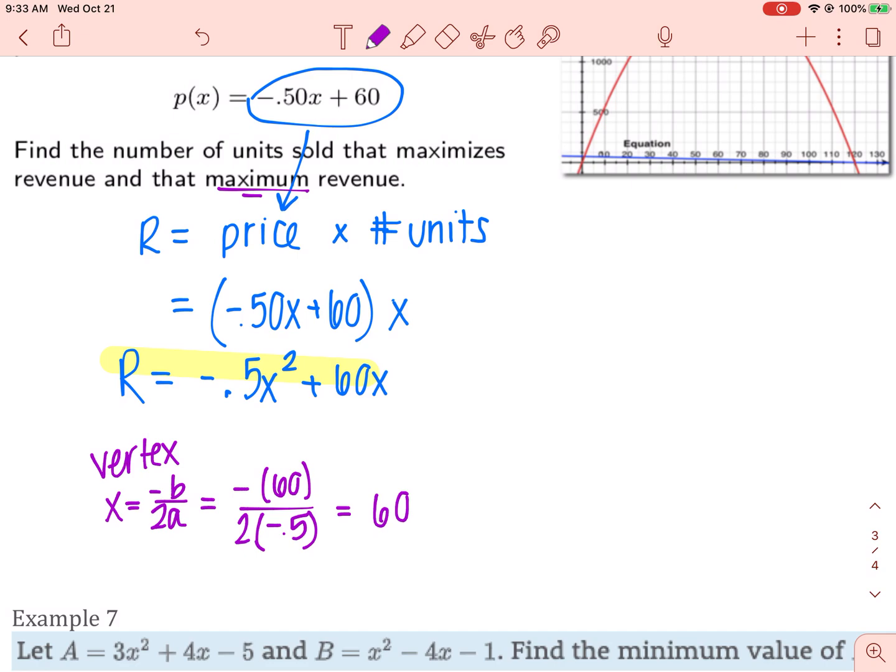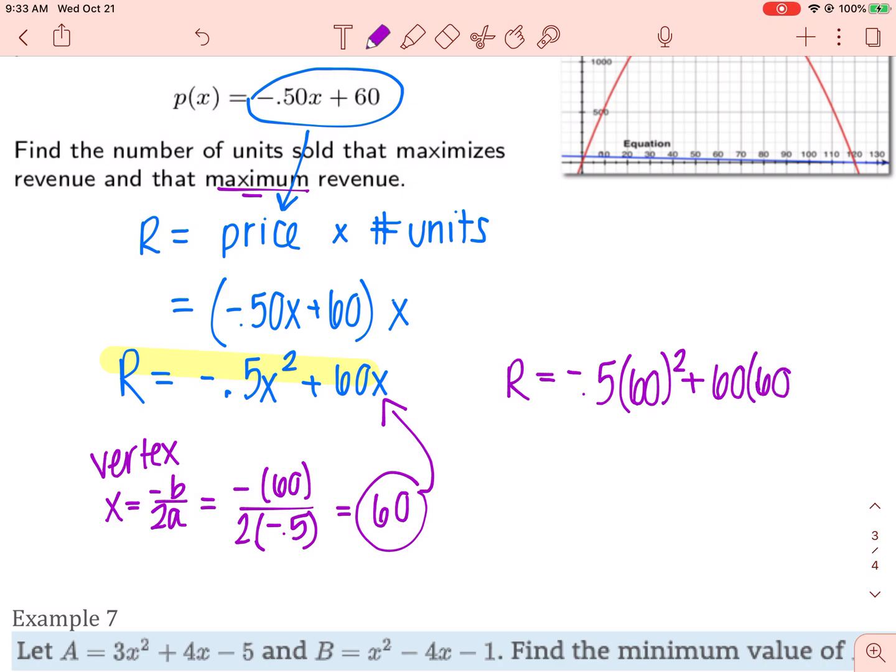It wants the max revenue, and what is that max revenue? So I just have to take this x, plug it in. This x value will give me my maximum. So the revenue, negative 0.5, this is 60 squared now, plus 60 times 60, because that's what x is.